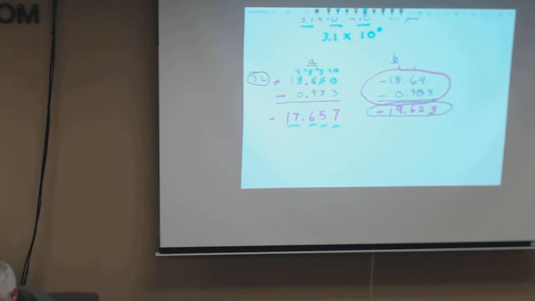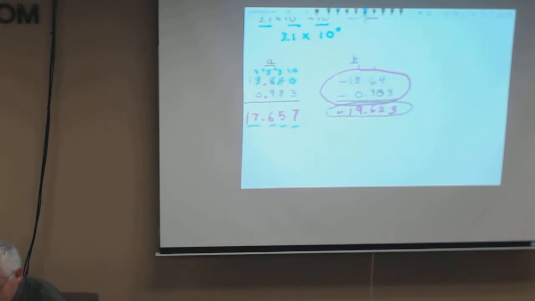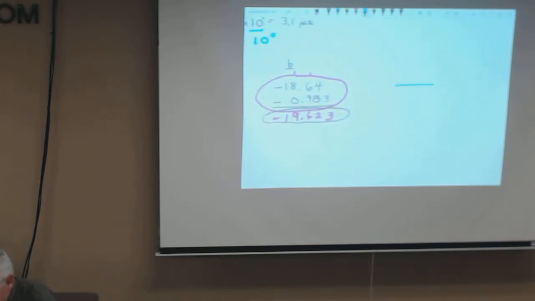Now look at problem B. I'm glad they gave you this one because now this one says negative 18.64 minus 0.983. So what am I doing? I'm subtracting from a subtraction problem. See, the way you look at this, problem B, is think of a number line. Here's 0, and I went negative 18, and then I'm going to go negative 0.9 more.